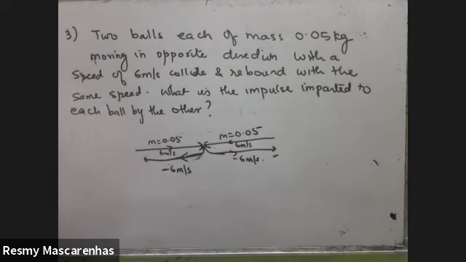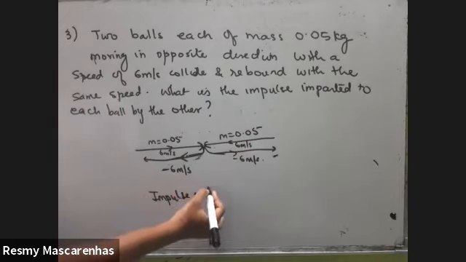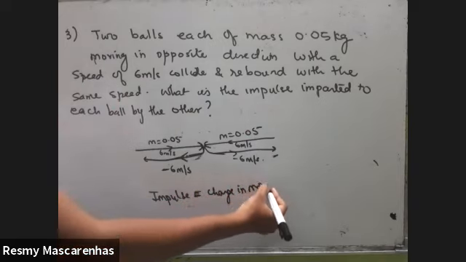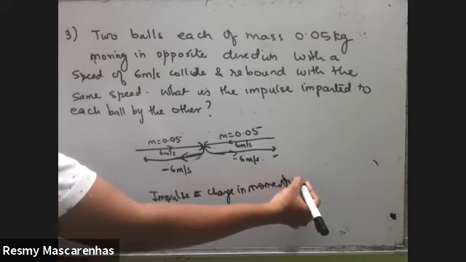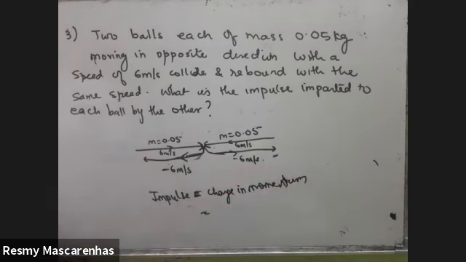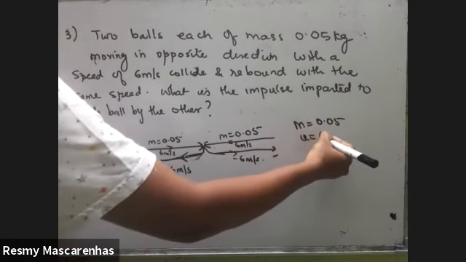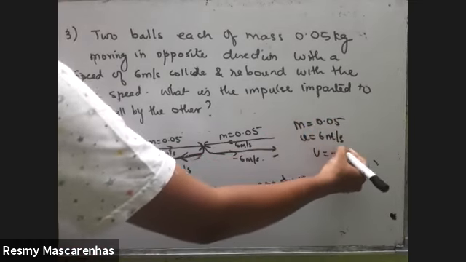So what is the impulse? Impulse is the same thing, change in momentum. Anyways, mass is given to us 0.05, u is 6 meters per second, v is minus 6 meters per second.